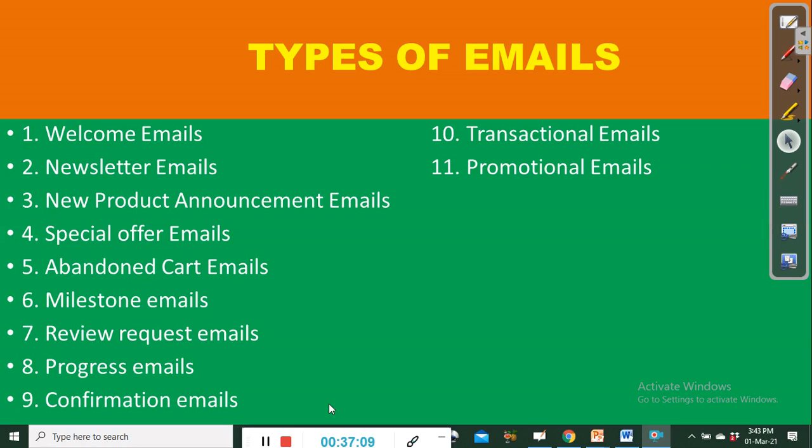And one of the major things that the promotional email does is to highlight the benefits that your customer, whether existing or new or prospective customers, are likely to gain or derive from using your product or service.